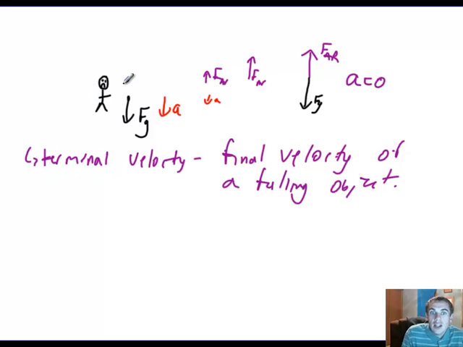Now, we can change an object's terminal velocity. All we have to do is change how big this air resistance force is, and since that depends not only on speed, but also on surface area. If the parachuter decides to pull his parachute, he just increased his surface area a whole bunch, which means all of a sudden this air resistance force got really, really big.